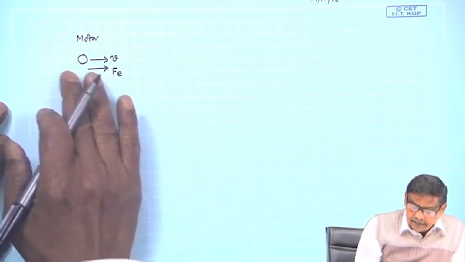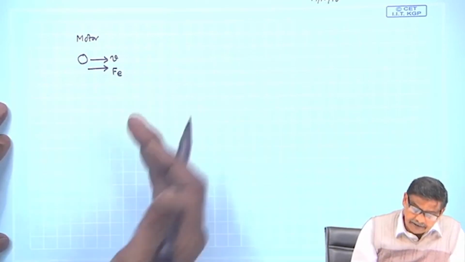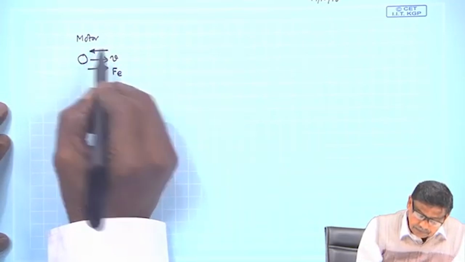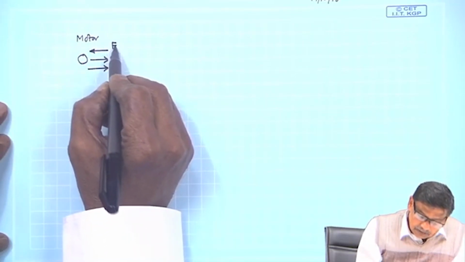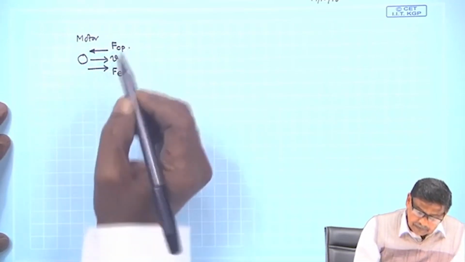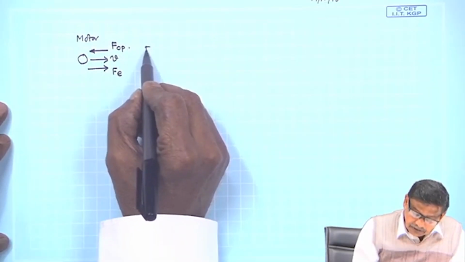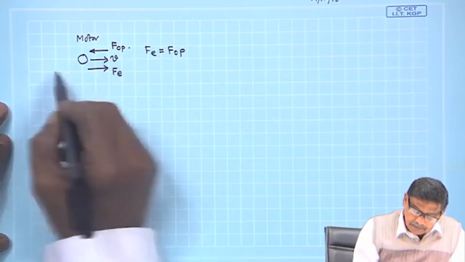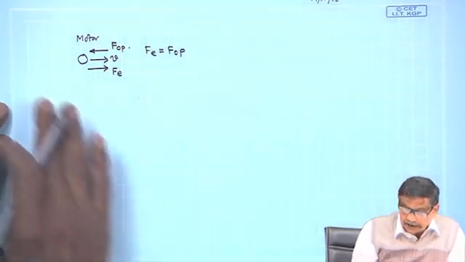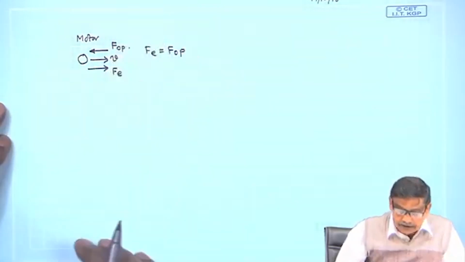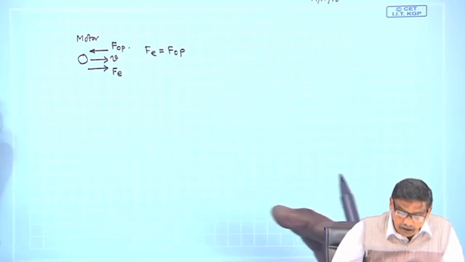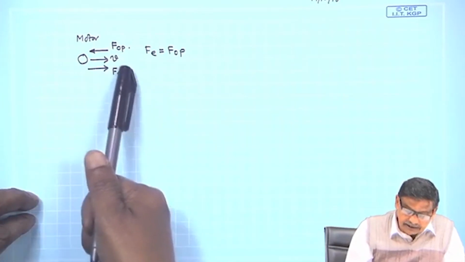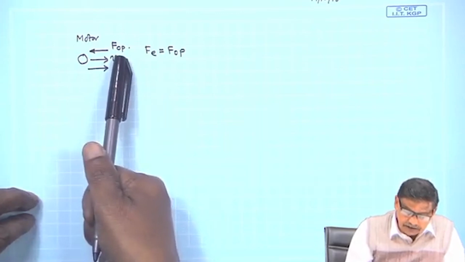If it is having a constant velocity and there is some opposing force present, F e must be equal to F opposing for motor mode of operation. So, electromagnetic force and opposing force will be acting in opposite directions. Direction of motion is decided by F e; F e decides what is V.